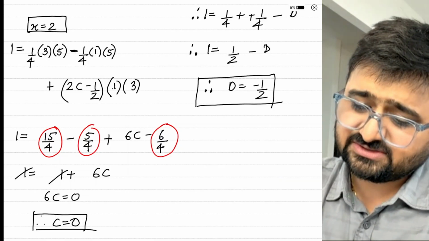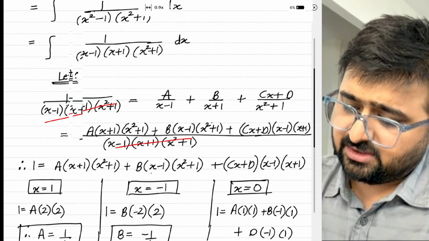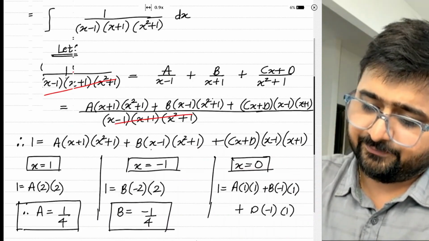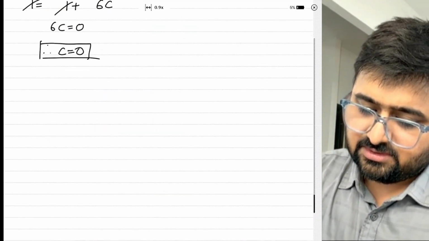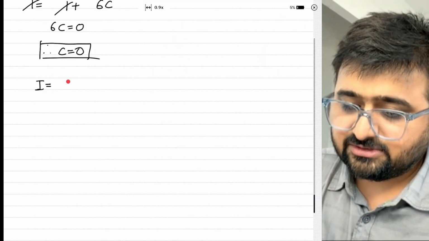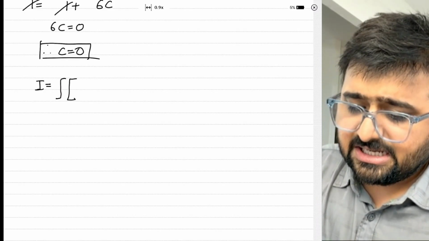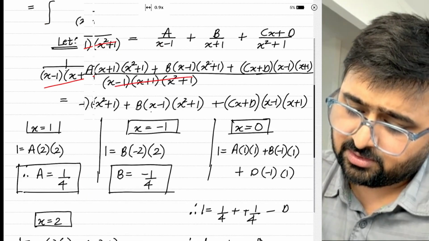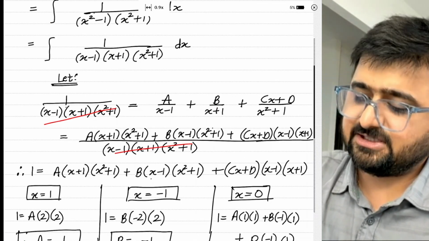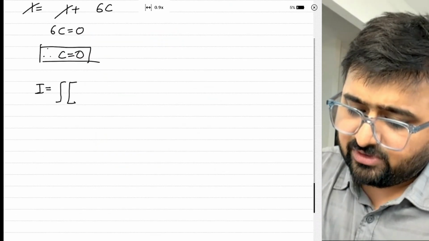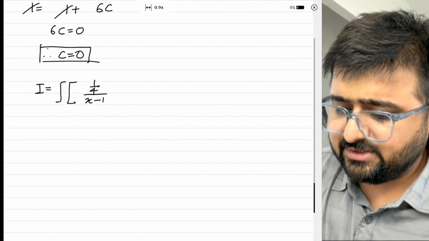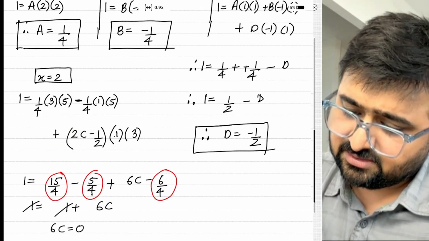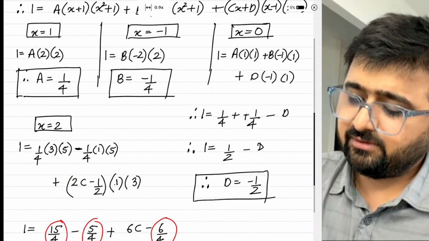You can substitute all those values and your integral will then become, let's write that integral now. If your integral was I, the integral will become a over x minus 1, b over x plus 1. So we have 1 by 4 over x minus 1 plus b over x plus 1. b is minus 1 by 4.